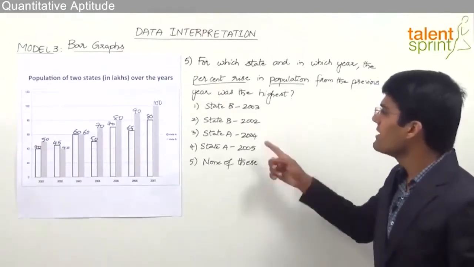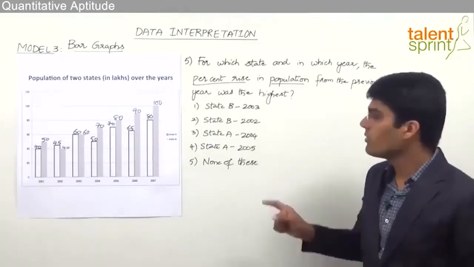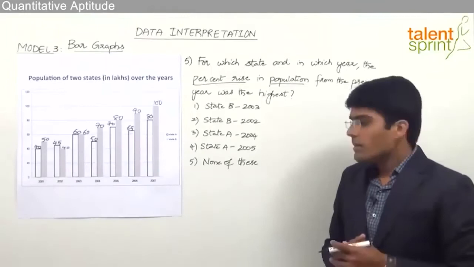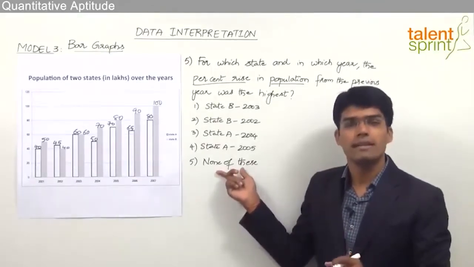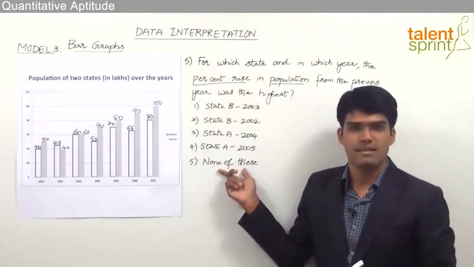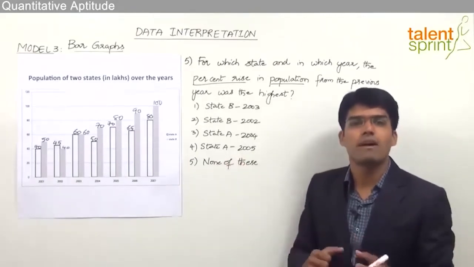The given options are state B 2003, state B 2002, state A 2004, state A 2005, and the fifth option here is none of this. Because the fifth option here is none of this, we have to calculate the percentage rise for both the states in each of the years. Had the fifth option been anything else other than none of this, then our job would have been simple. Why?